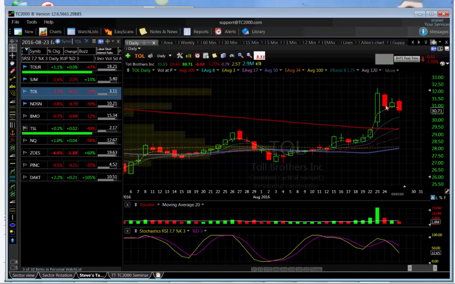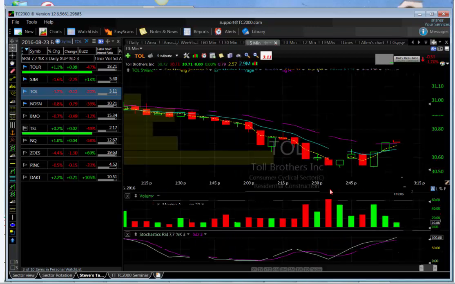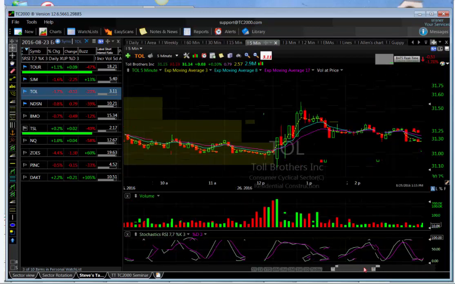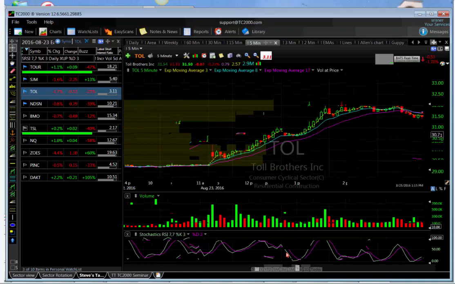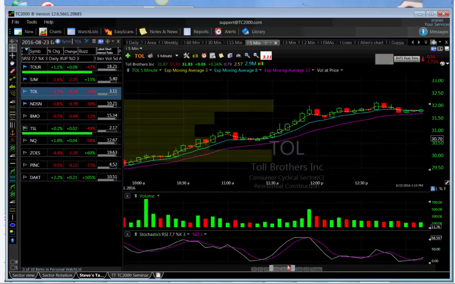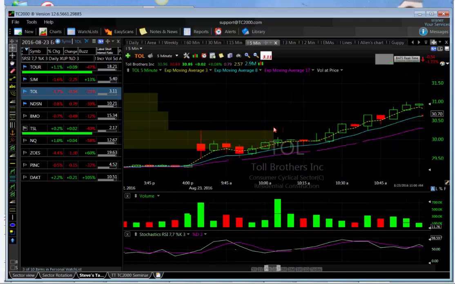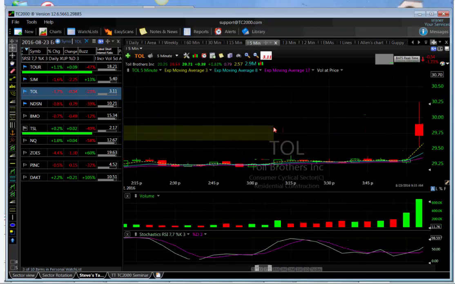Okay, intraday. Gotcha. I'm just going to go straight to a 5-minute chart. This might actually be a good example. So I'm going to pull this over to the left so we can't see it.